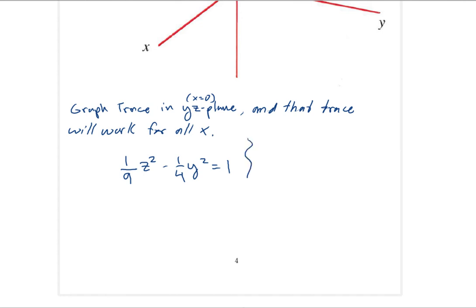So actually think about it for a minute, but here's what I'm going to remind you of. x squared over a squared minus y squared over b squared equals 1.